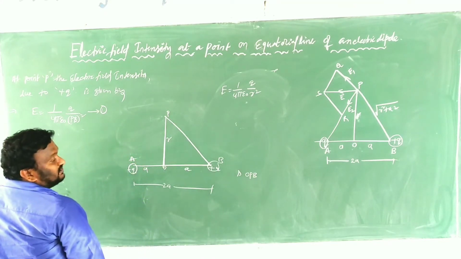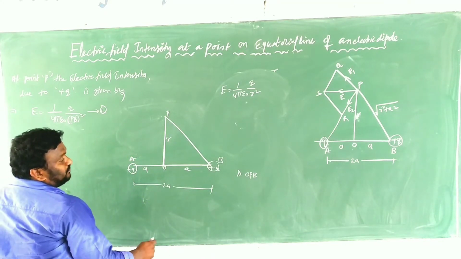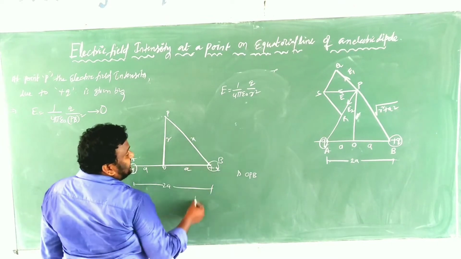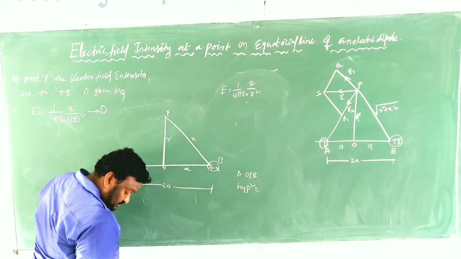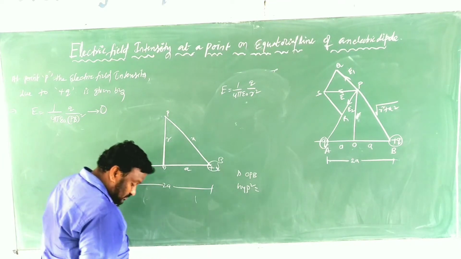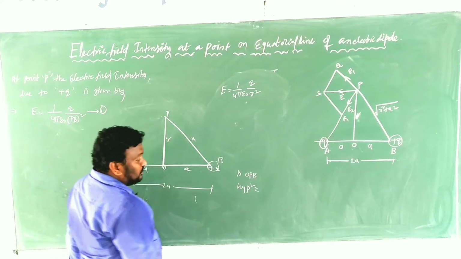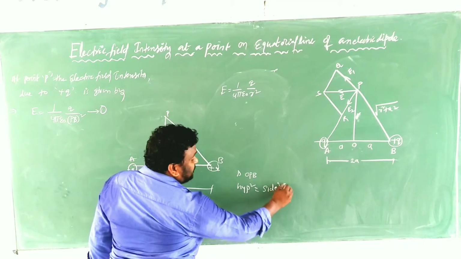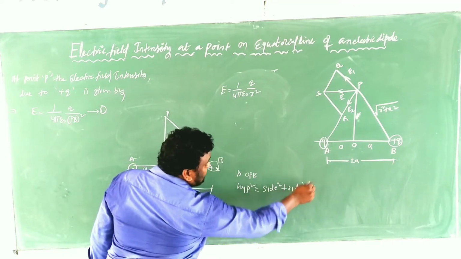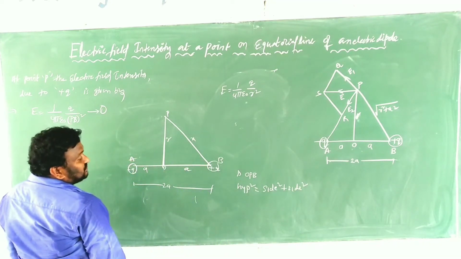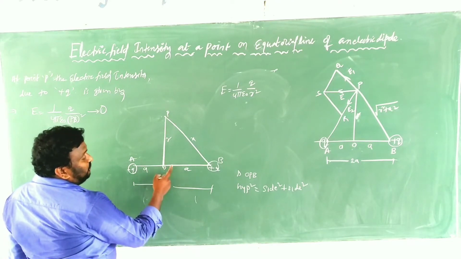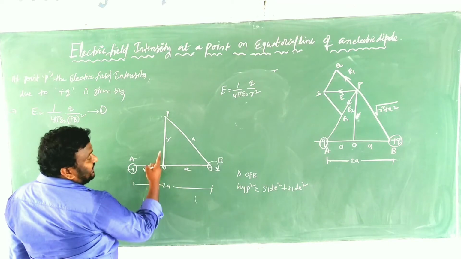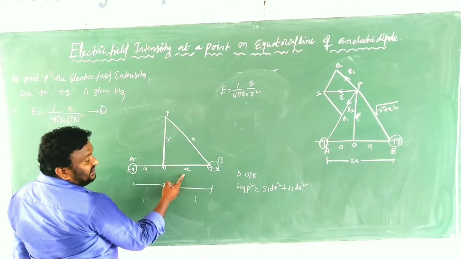From that, what to write? According to Pythagoras, what to write? Hypotenuse square is equal to side square plus side square. So here it is the hypotenuse and this one is the opposite side and this is the adjacent side.